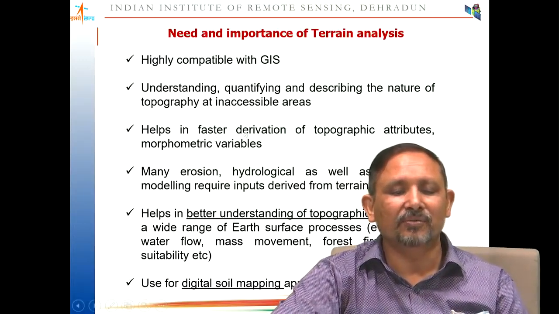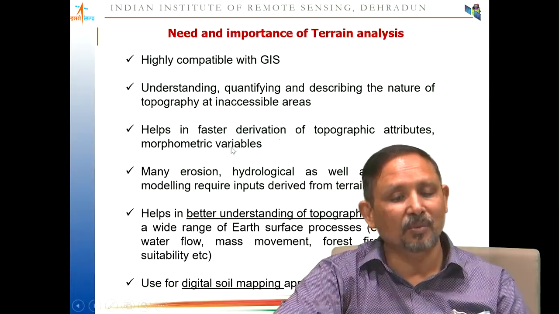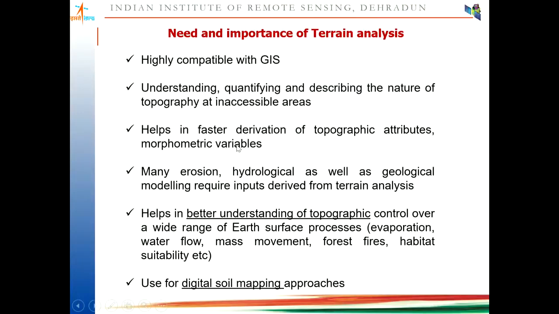It helps in the faster derivation of the topographic attributes or morphometric parameters. Earlier, generating this information, so many terrain maps, was a very difficult process, and you were not able to generate so many maps for analyzing the watershed with greater accuracy.